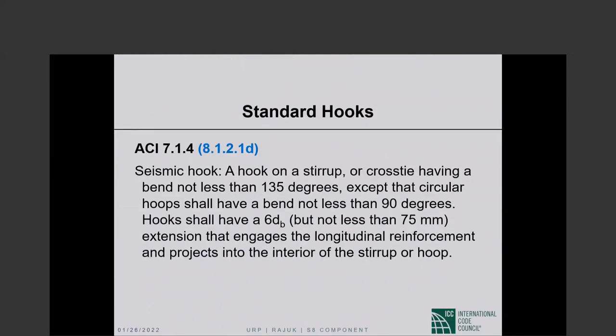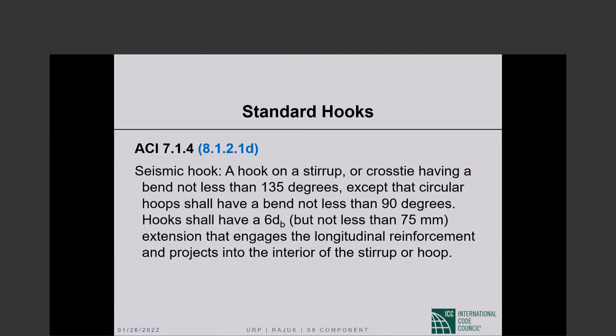Now we are talking about the seismic hook. Okay, a seismic hook is a standard hook, but it's a special standard hook. A seismic hook has a 135-degree bend, 6-bar diameter extension, but the extension shall not be any less than 75 millimeters.